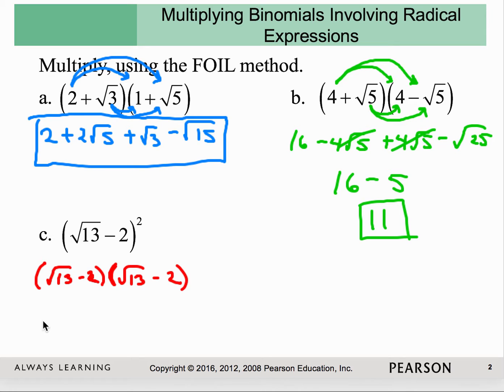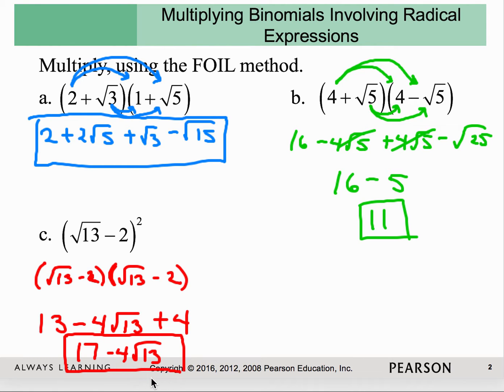So if you square a square root, it goes away. You multiply the two terms together, so you'd have negative 2 times that, and double it. And then square the last one. Negative 2 times negative 2 is positive 4. Now these terms you can combine. 13 plus 4, 17 minus 4 square roots of 13. So however you want to do that.